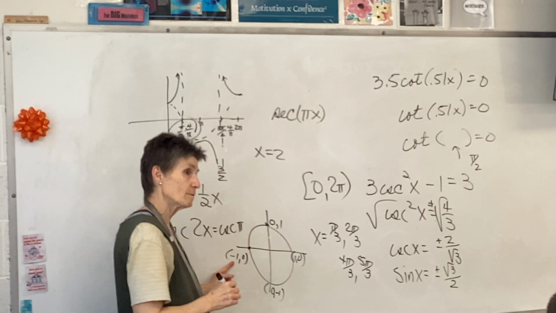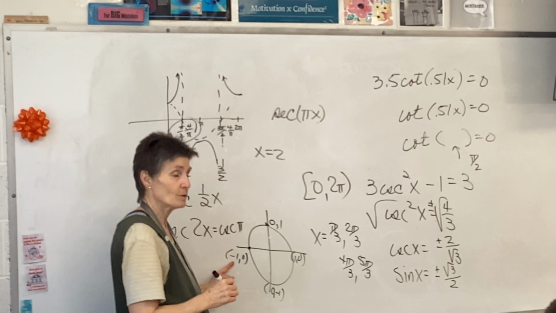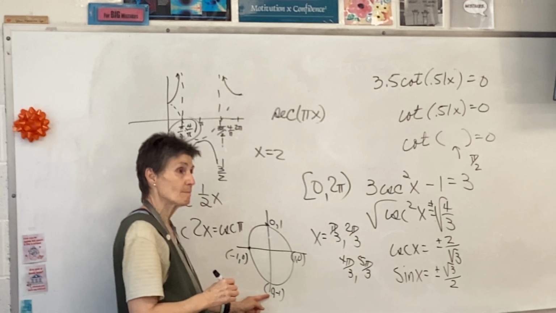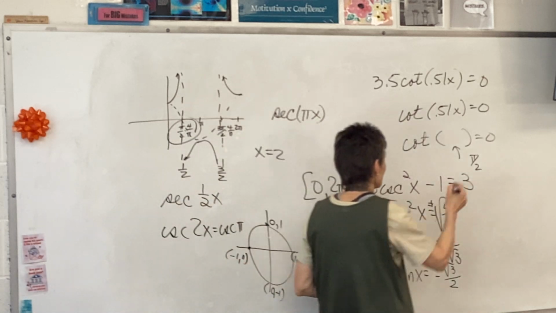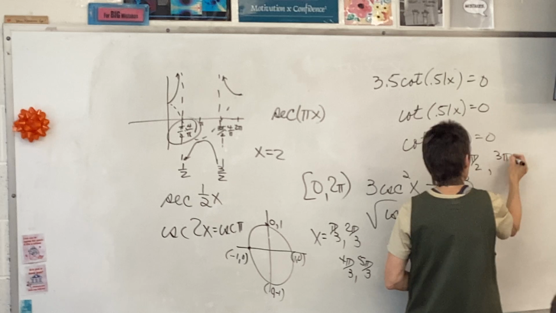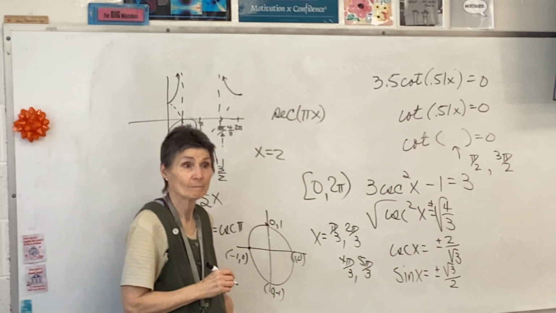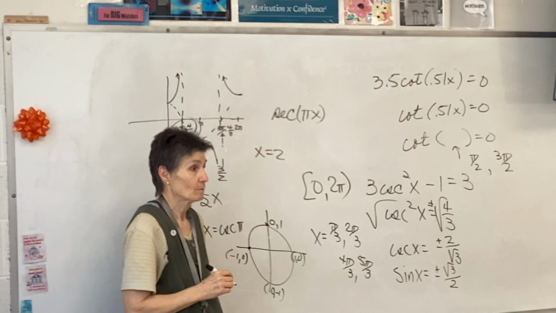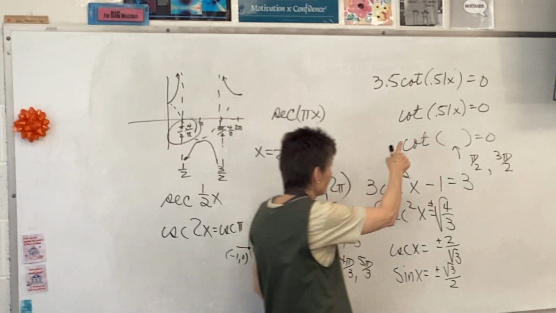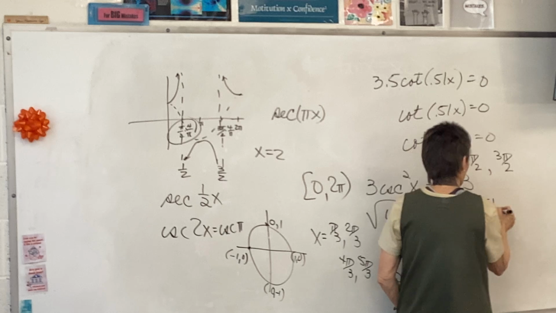How about over here? No. How about down here? Yeah. So whatever's inside the parentheses has to be either pi over 2 or 3 pi over 2. Right? But what's inside the parentheses is 0.51x.